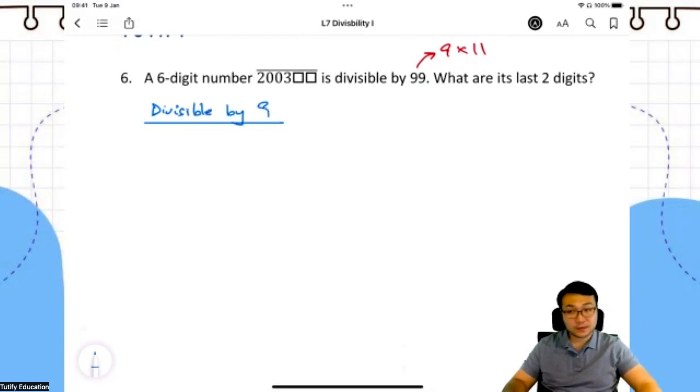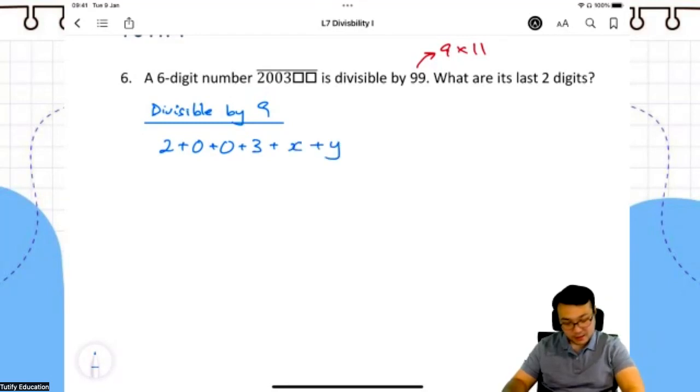How do you do that? What's the rule? Find the sum of the digits. Yes, okay, let's find the sum of the digits. 2 plus 0 plus 0 plus 3 plus... Okay, let's just call them x and y.